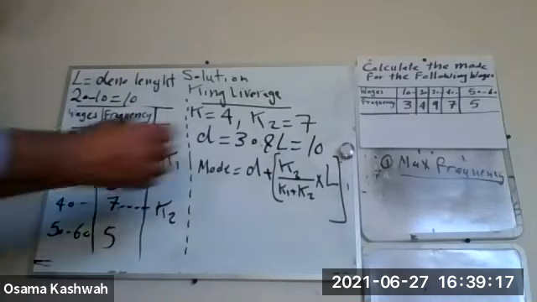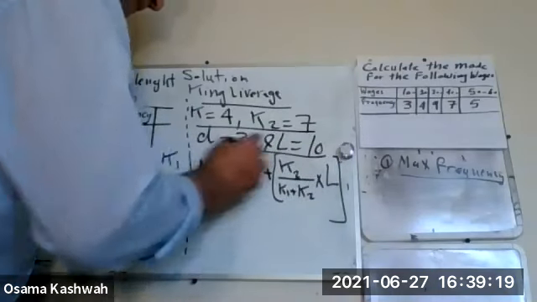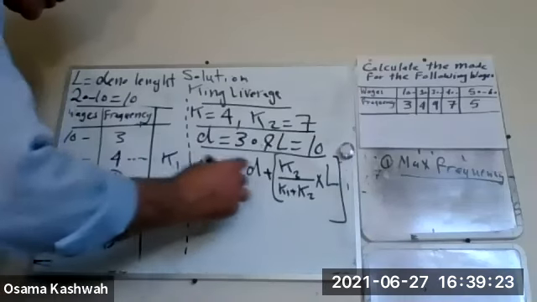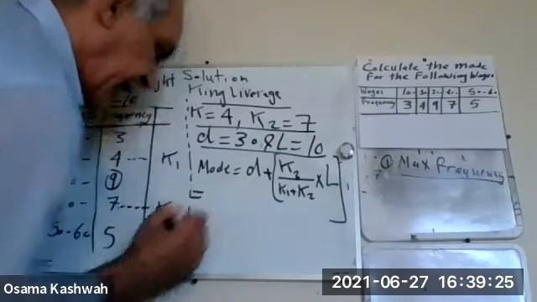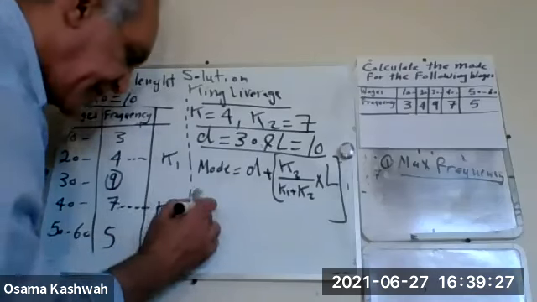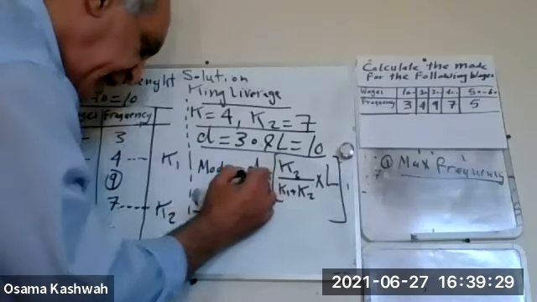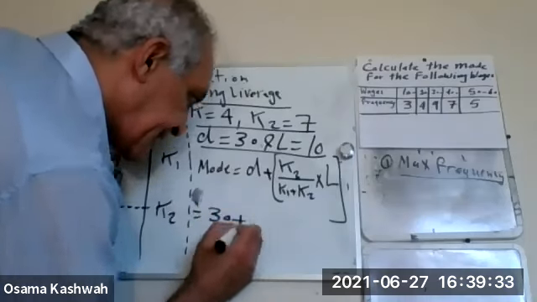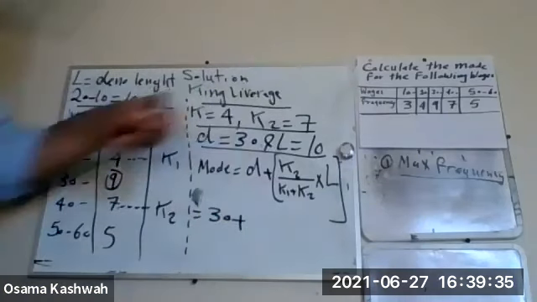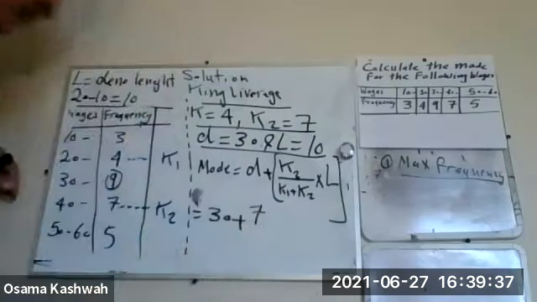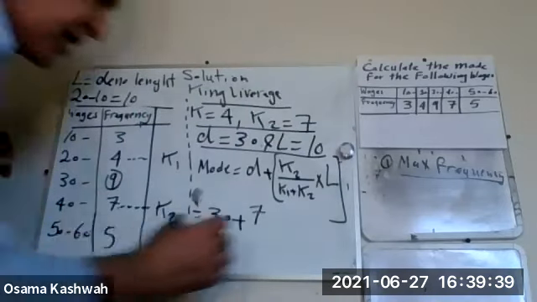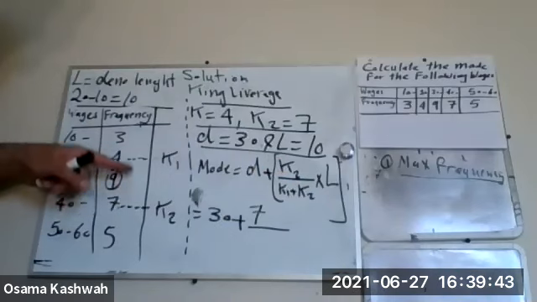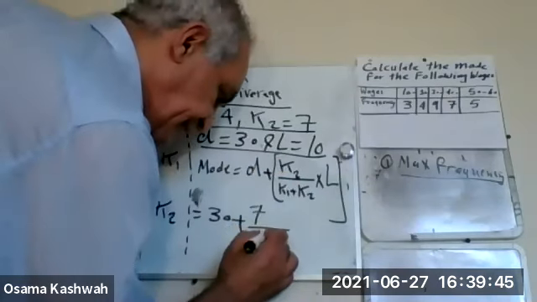We now have to substitute in our formula. Mode equals D, and D is 30. 30 plus K2, which equals 7, divided by K2 and K1, 7 and 4, 11.